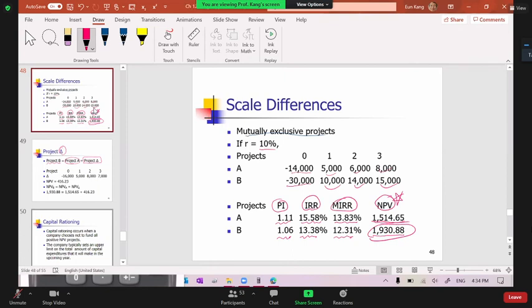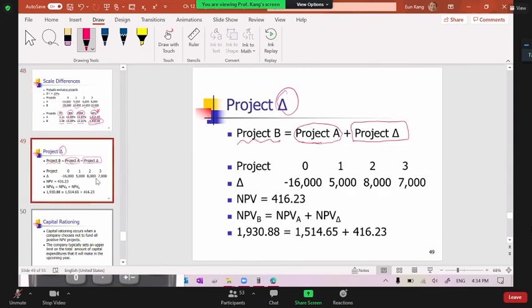So 30 minus 14 is minus 16,000. 10,000 minus 5,000 is 5,000. 14,000 minus 6,000 is 8,000. And 15,000 minus 8,000 is 7,000. That's why this is the delta project. If you calculate the net present value of this delta project, it's positive.